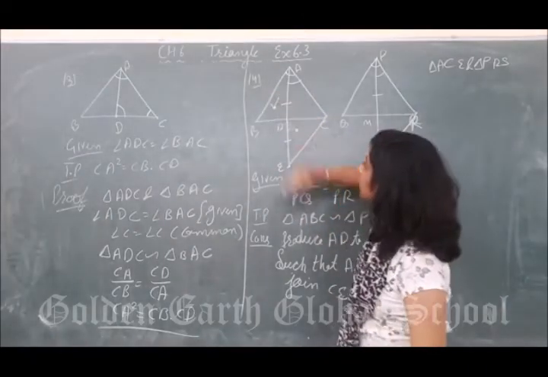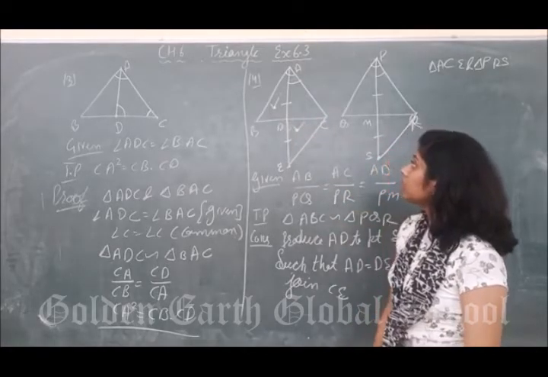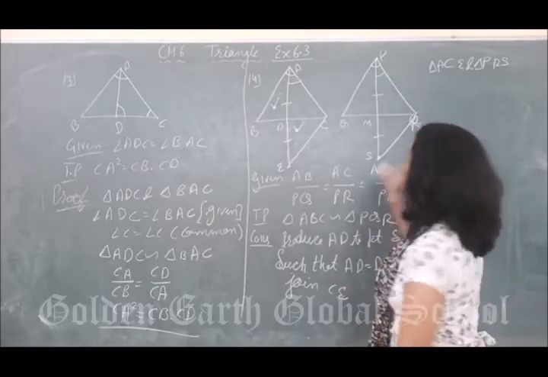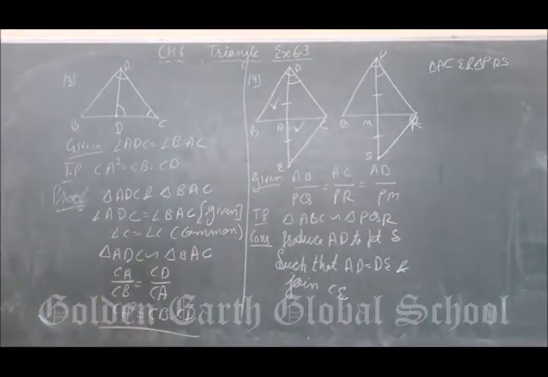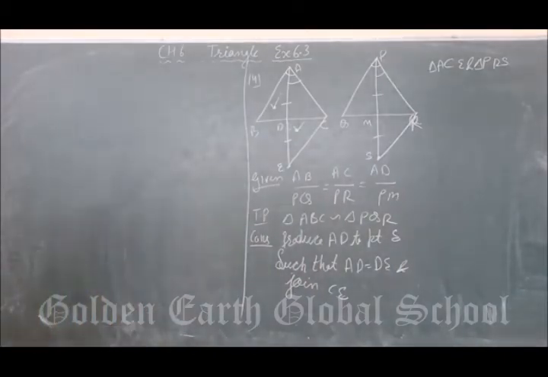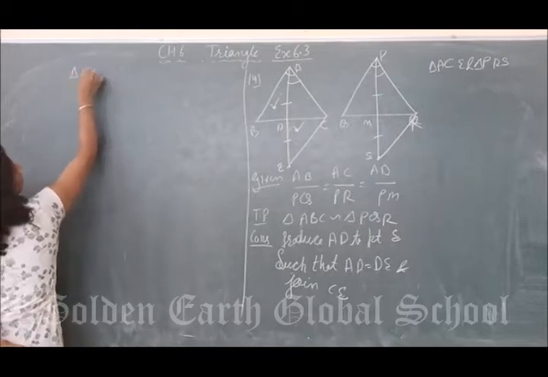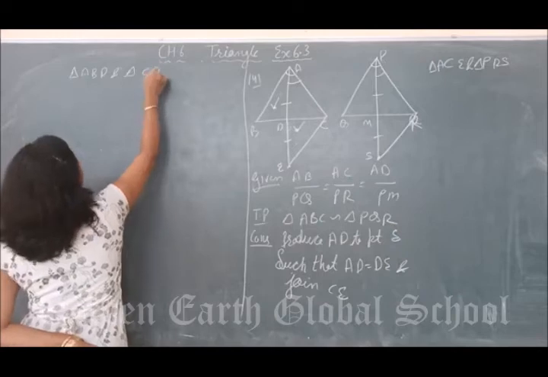This triangle ABD and CDE. These two triangles are congruent. Why? See, I will erase this part. Consider triangle ABD and triangle CDE.